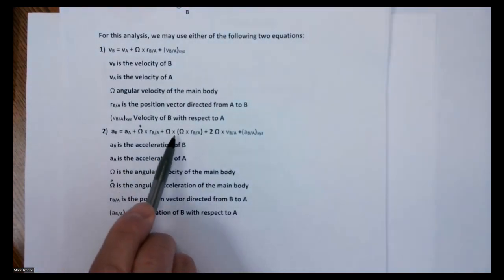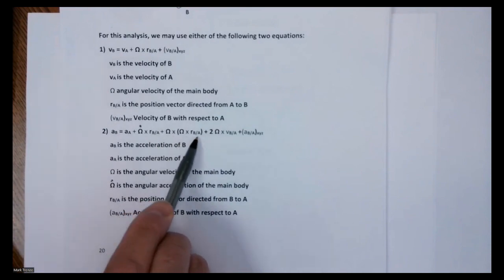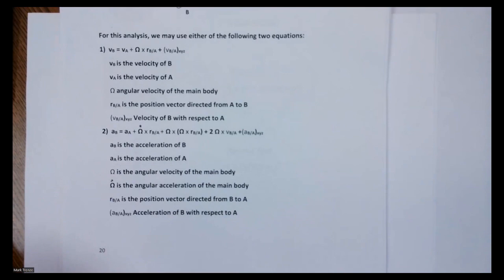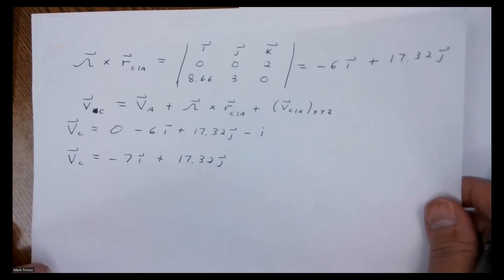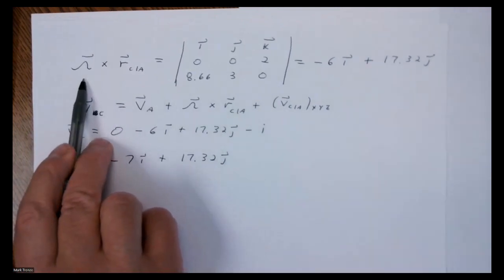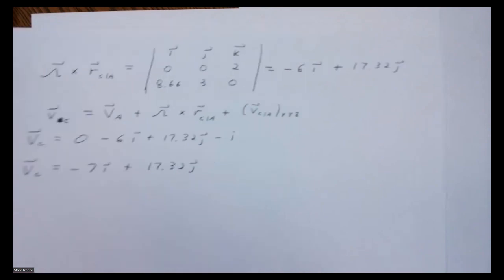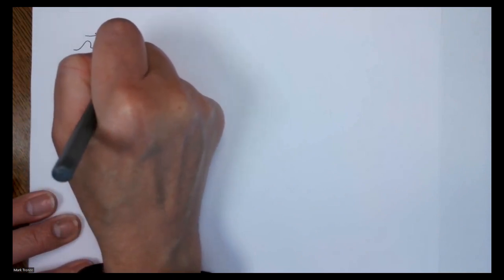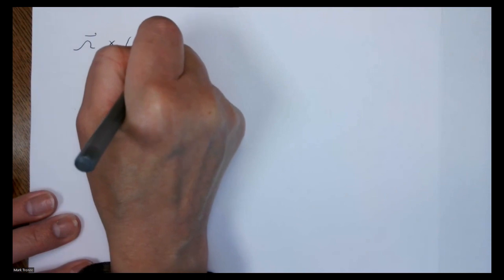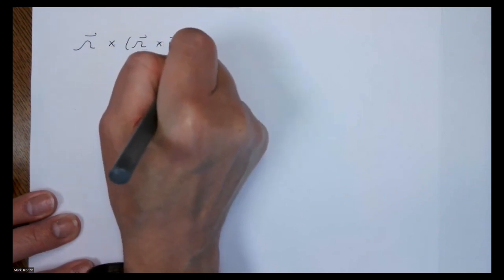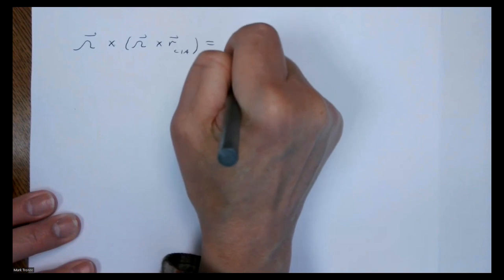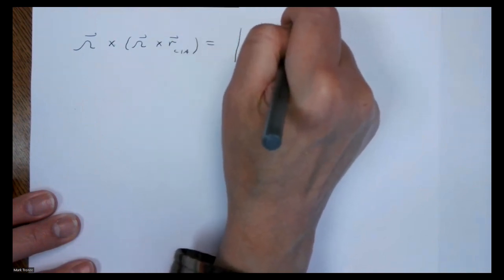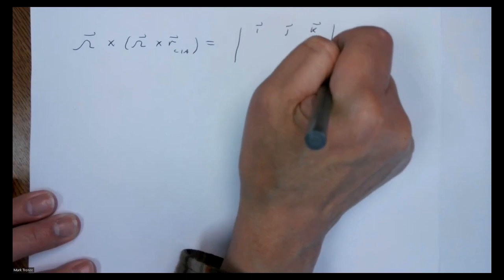Then we're also going to need omega cross RBA. So that, remember, again, in our case, that's going to be RCA. Now we've already calculated omega cross RCA. So we just have to cross that again. So we're going to have to do omega cross RCA. That's going to be IJK, like this.